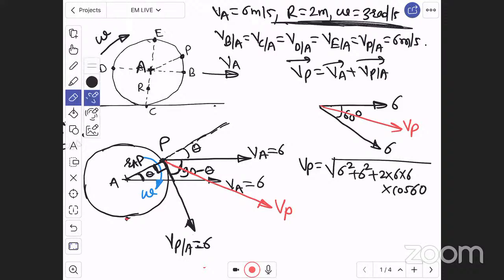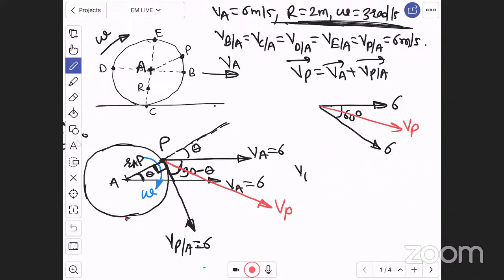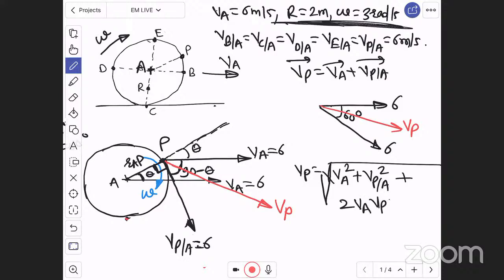If I write the total law of parallelogram, velocity of P will be equal to under root of velocity of A square plus velocity of P with respect to A square plus twice velocity of A, velocity of P with respect to A, cos of angle between them, which is 90 minus theta.